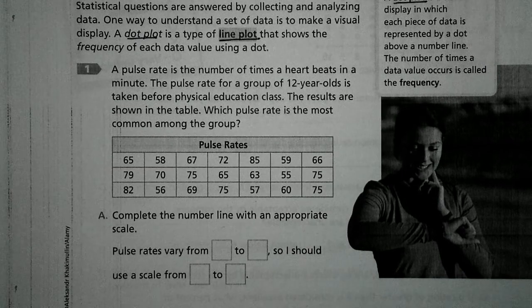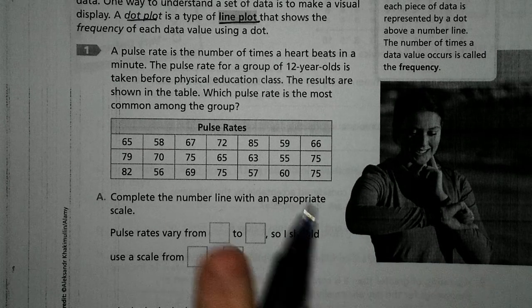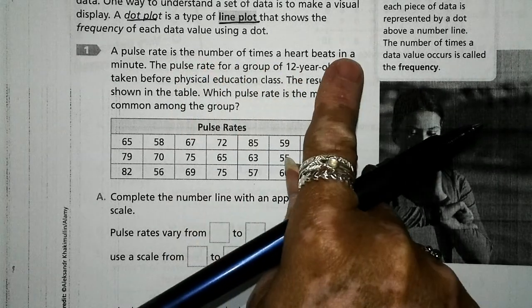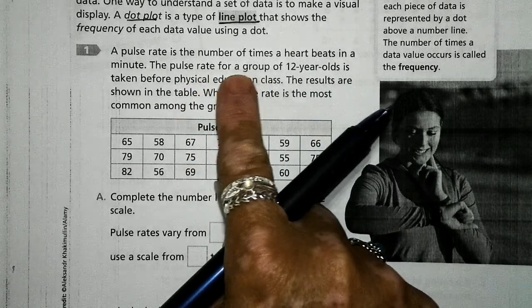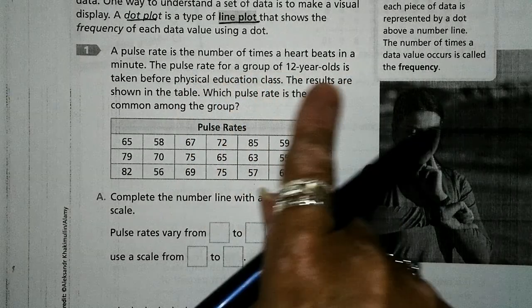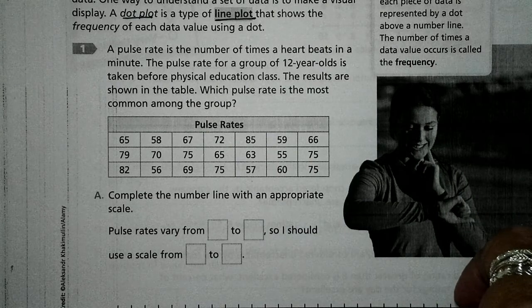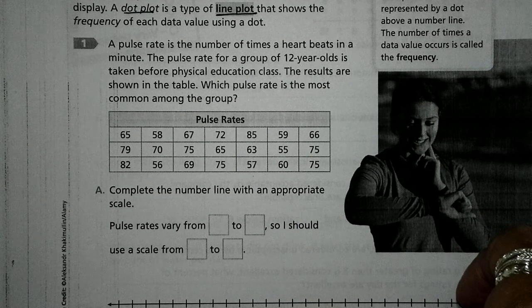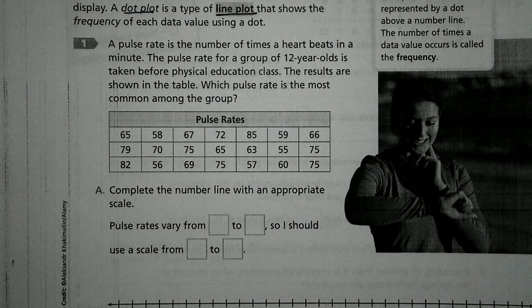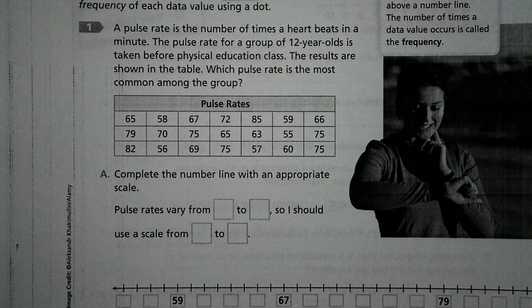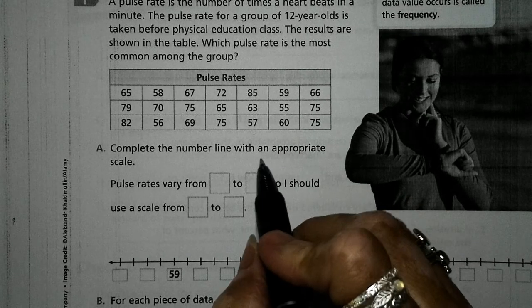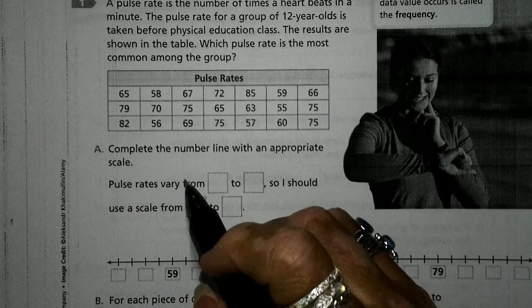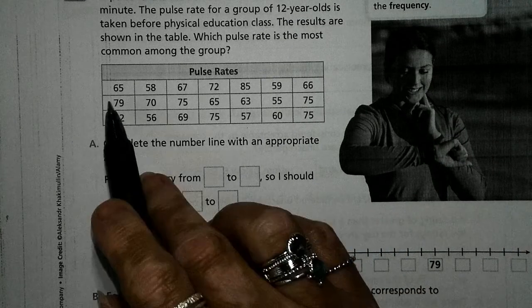All right, so our data: the pulse rate is the number of times a heart beats in a minute. The pulse rate for a group of 12-year-olds is taken before physical education class. The results are shown in the table. Which pulse rate is the most common among the group? It says complete the number line with the appropriate scale. So look at these numbers.